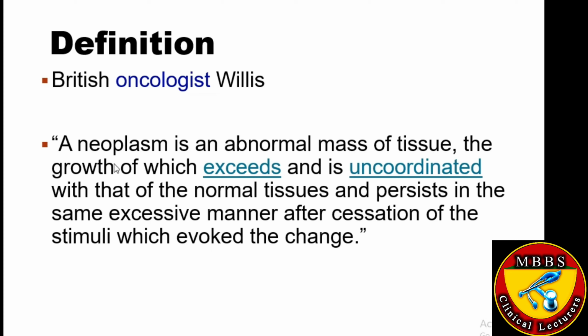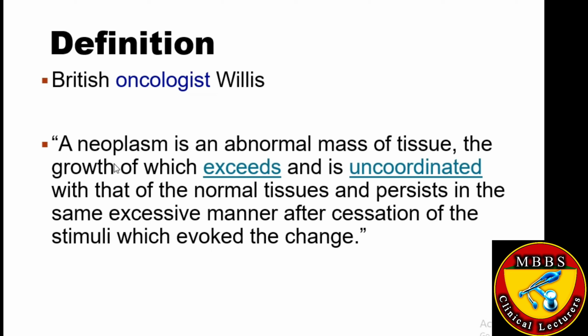The second part is that the growth exceeds and is uncoordinated. It is uncontrollable. It is beyond the control of the human body. The mechanisms which control senescence, apoptosis and the cell cycle, which control the normal multiplication of the cell, do not control neoplastic growth.